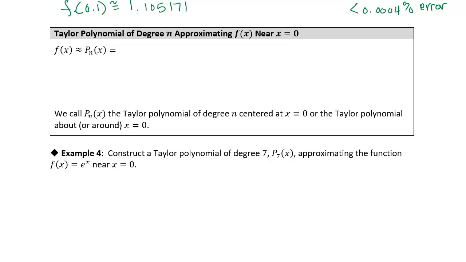So the general formula is that it's f of 0, because we want the value of the function to match at 0, plus f prime of 0 times x plus the second derivative at 0 over 2 factorial, which is just 2, but we'll see the pattern here. x squared plus the third derivative at 0 over 3 factorial.